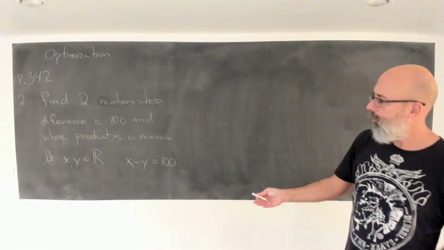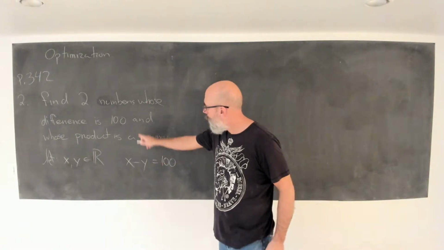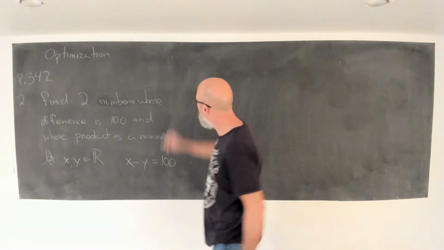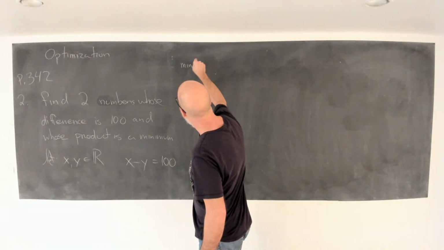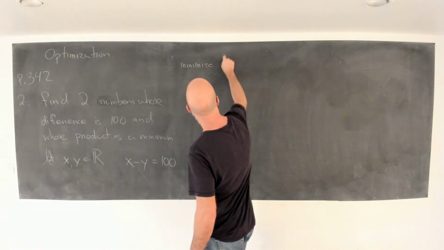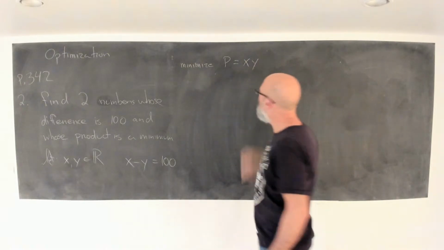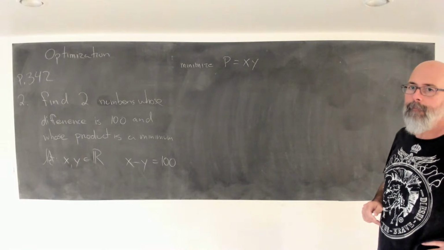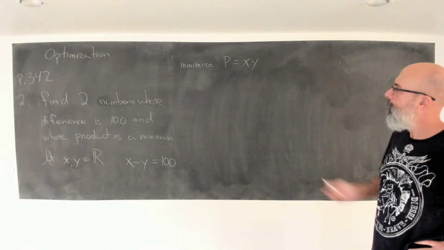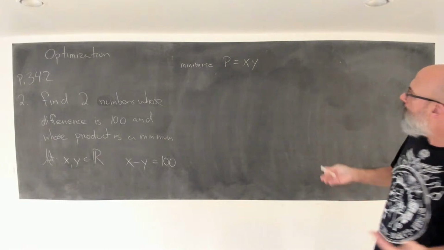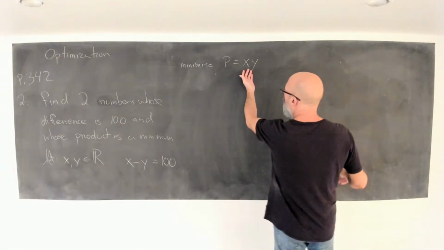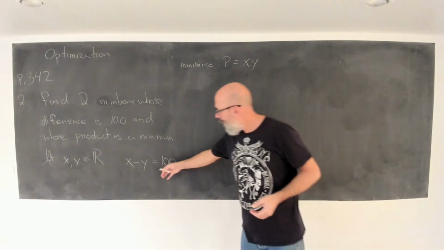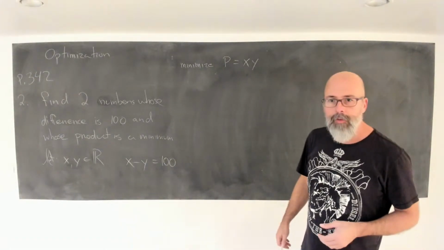And what do we want to do? We want two numbers whose difference is 100 and whose product is a minimum. So minimize the product xy. Right, so you see what's happening, right? Just view it this way, you have a function of two variables. But you have this as well.